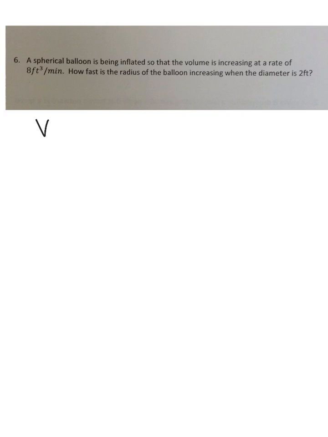So we know that the volume formula is volume equals 4/3 pi r cubed. And because they're talking about things increasing, then we know that we're going to be taking the derivative. So let's take the derivative of this.